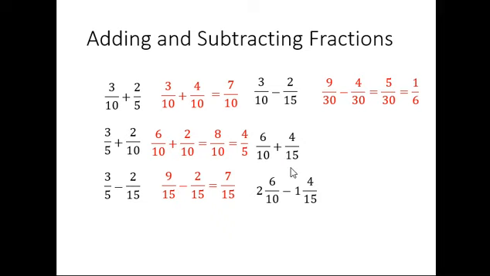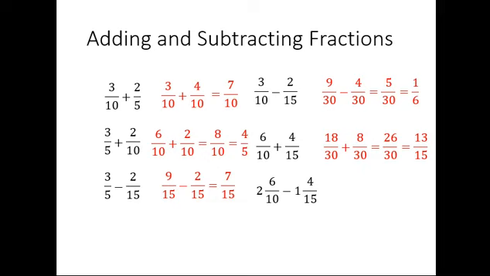Again, our common denominator is 30. Again, we multiply this by 3 and this by 2, but we've just doubled the 3 to the 6, doubled the 2 to a 4, and we've changed it to a plus. So we get 18/30 plus 8/30, which is 26/30, which simplifies to 13/15.